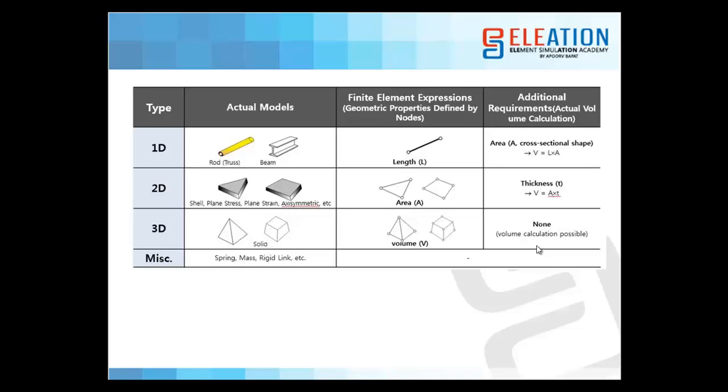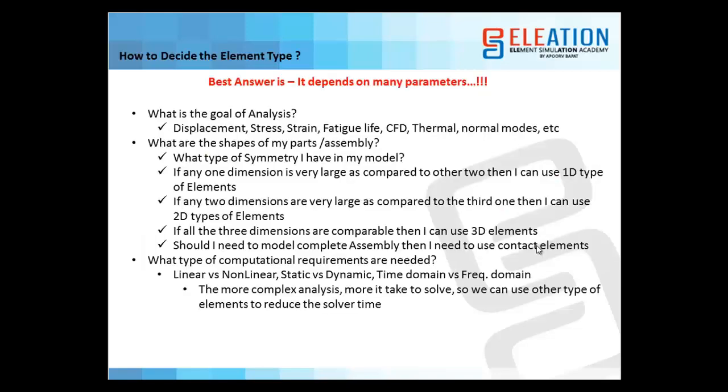So the elements are created in all the three dimensions. That's why we don't give any additional parameters in the software, because my element itself has its own volume. Plus we have some different types of elements like spring, mass, rigid links, etc. So that we will discuss later on.